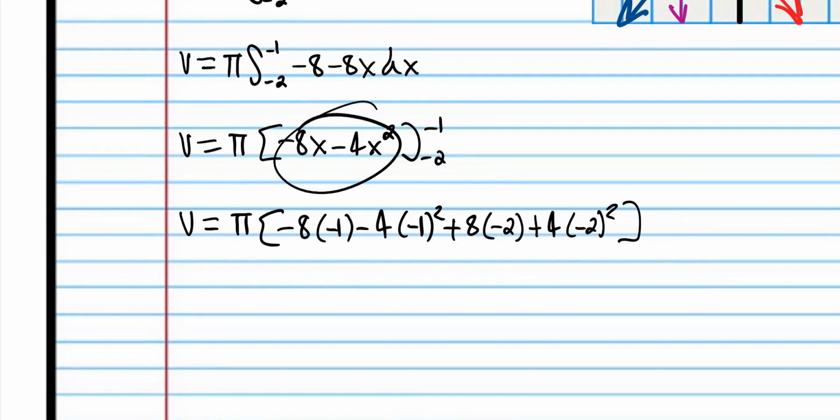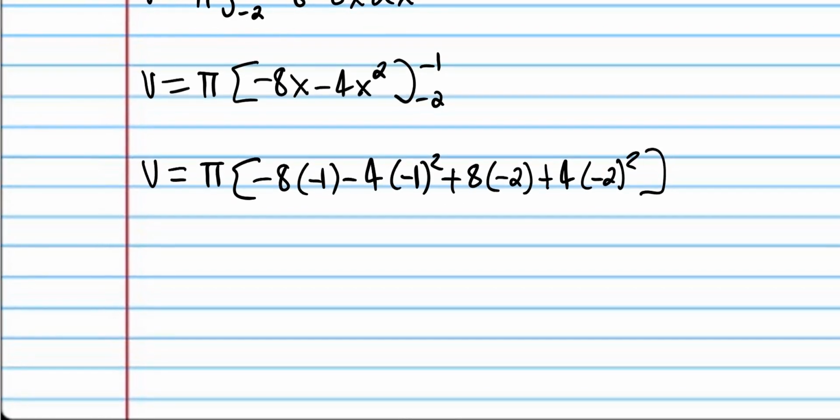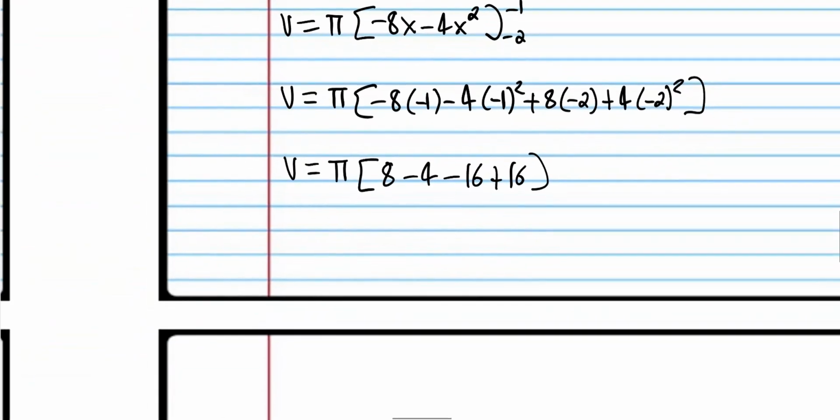So when I'm subtracting this expression, I'm changing these signs because it gets kind of tedious constantly writing parentheses. So it looks like we have 4 pi.